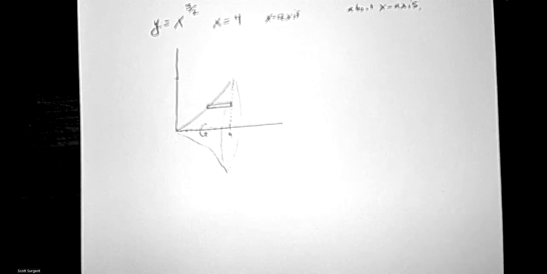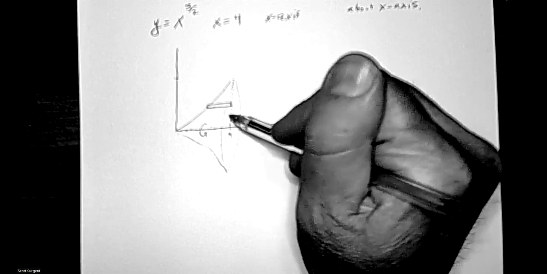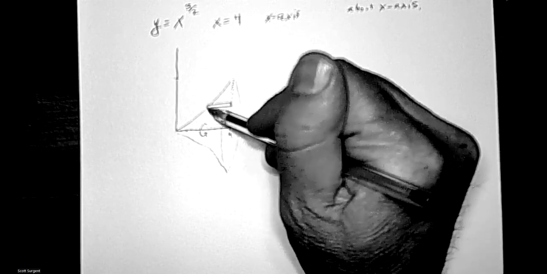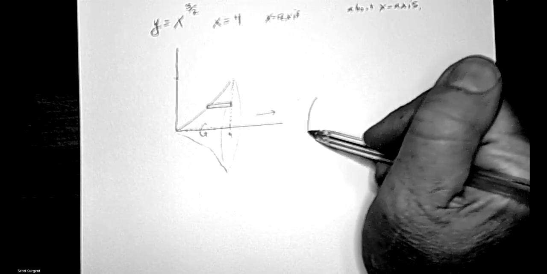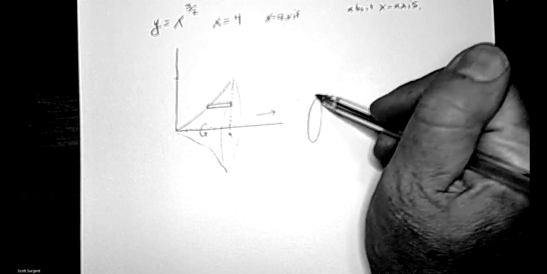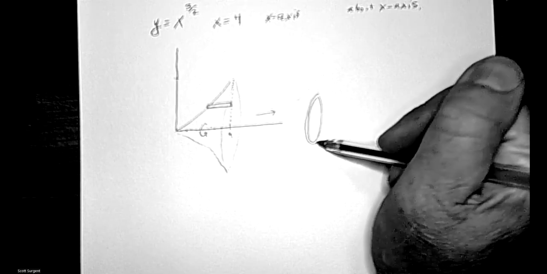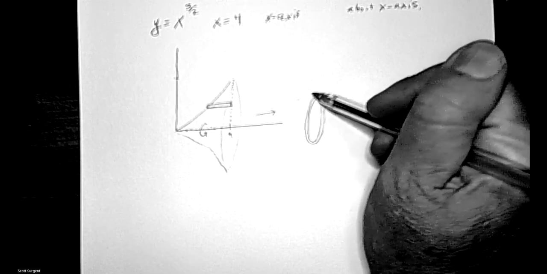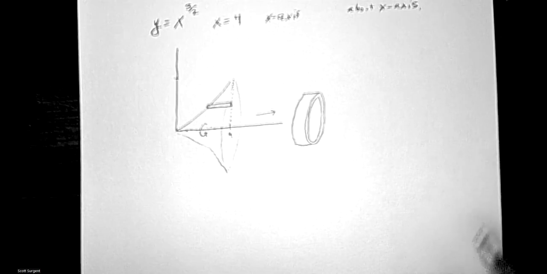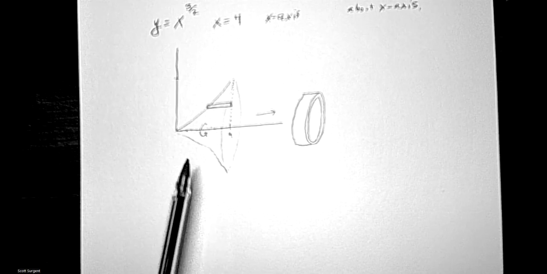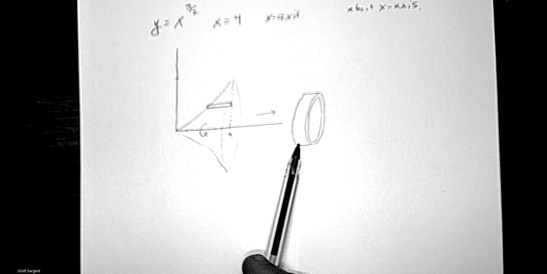So that's a representative thickness, and then that gets rotated, and that creates, so I'm just going to draw essentially a shell. See if I can do this. Yeah, there we go. That's not too shabby. You see how this little guy when rotated makes one of these?